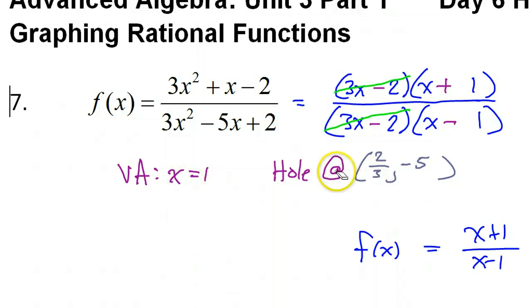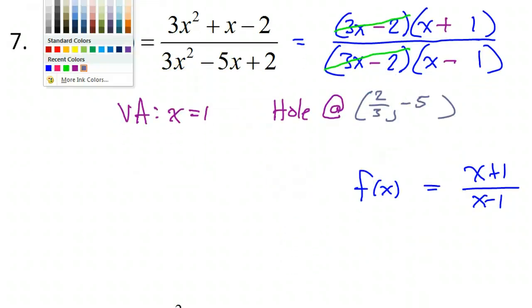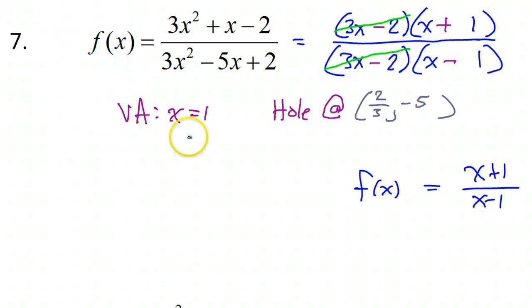Okay, do we have a horizontal asymptote? Let's see. Yes, we will have a horizontal asymptote. Remember, horizontal asymptote is all about the degree. If the degrees are the same, like they are here, what happens? Remember, when the degrees are the same, that's when you use the leading coefficients.